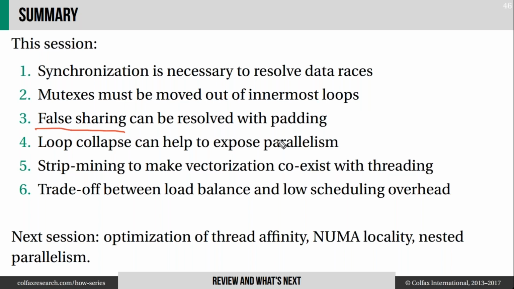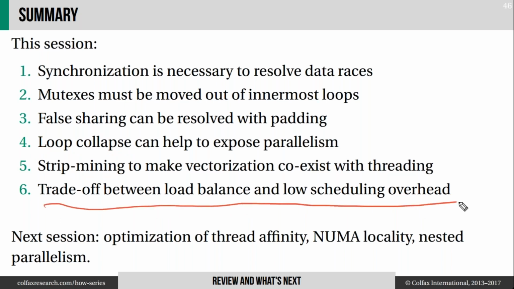You can resolve it with padding. If you have insufficient parallelism, the key approach is loop collapse, and if it kills vectorization, use strip mining. And when you have load imbalance, you can play with the scheduling mode, and you need to find a trade-off between load balance and scheduling overhead.